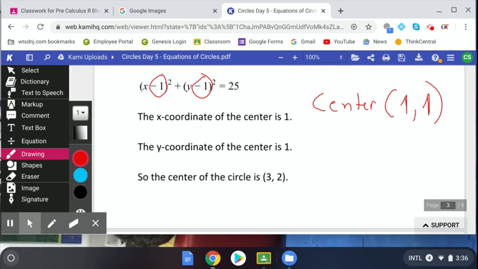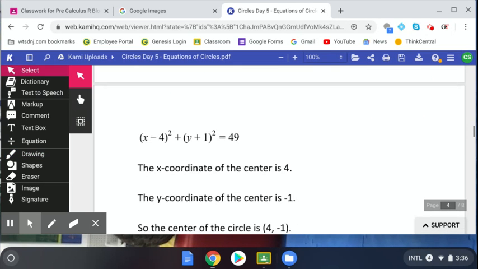Oh, this is wrong. This should be 1, 1. There should be a correction there. So the center here is at positive 1, positive 1, and the radius would be the square root of 25, which is 5.